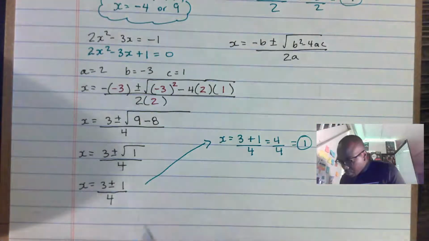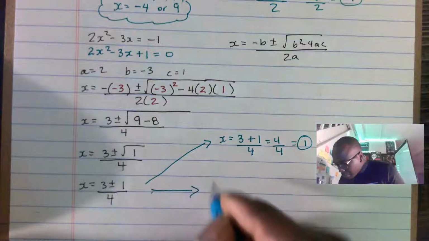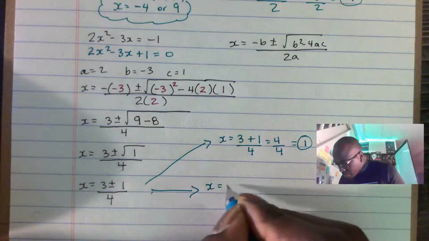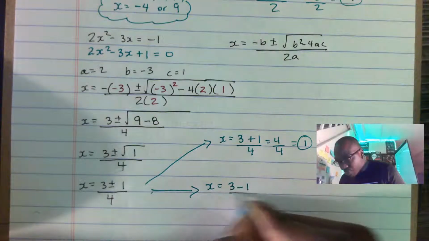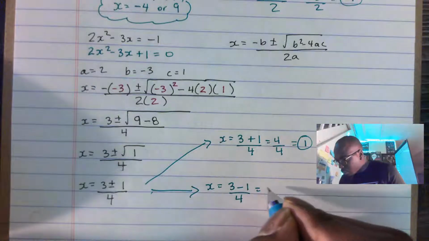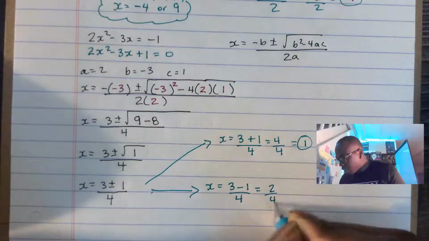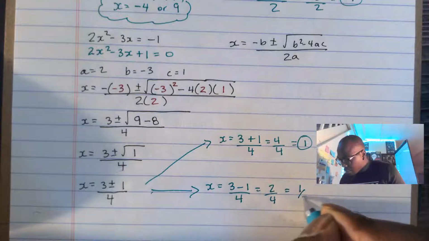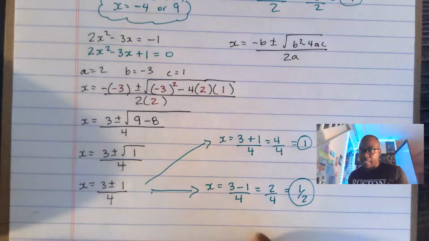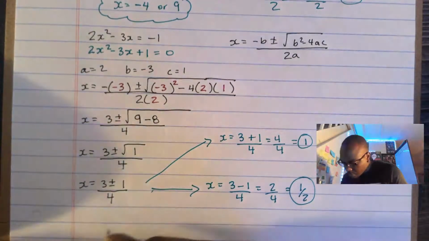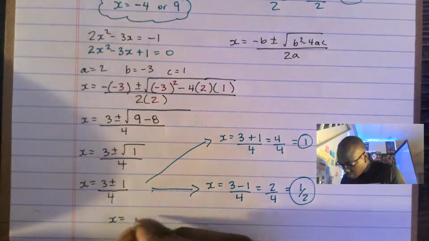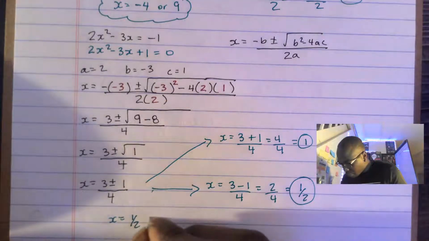Option 2, we have x equals 3 minus 1 over 4, which is 2 over 4, which is 1/2. So my answer is going to be x equals 1/2 or 1.